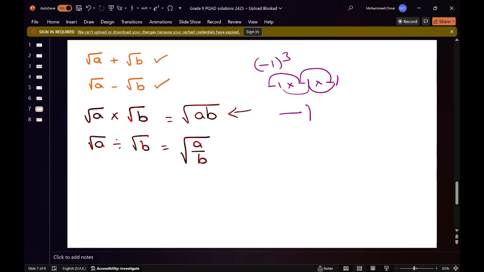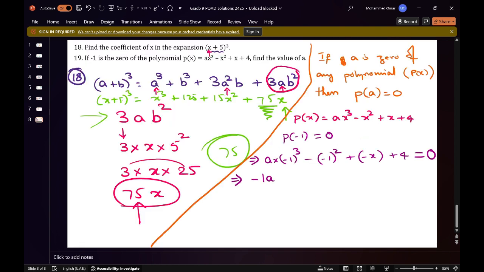Good boys. In the same way, minus 1 whole square is equal to minus 1 into minus 1, that is equal to plus 1, right? So minus of plus 1 is minus 1. And plus of minus 1 is minus 1. So plus of minus, minus 1 plus 4 is equal to 0.